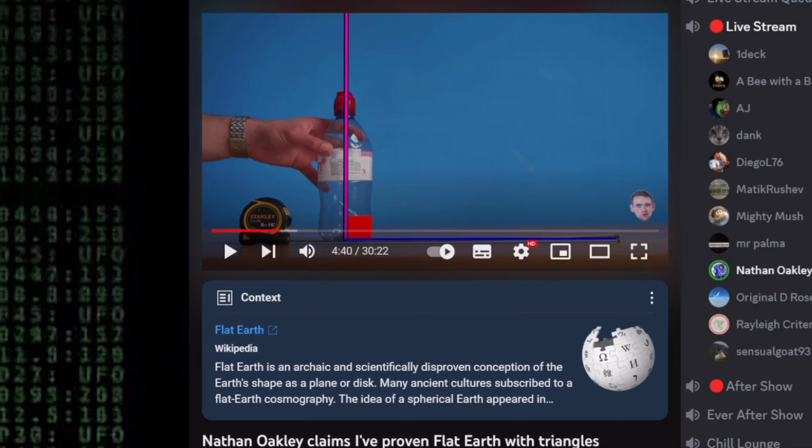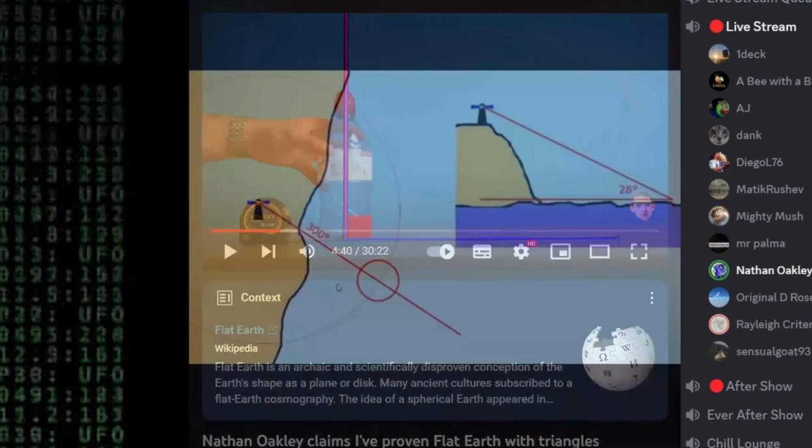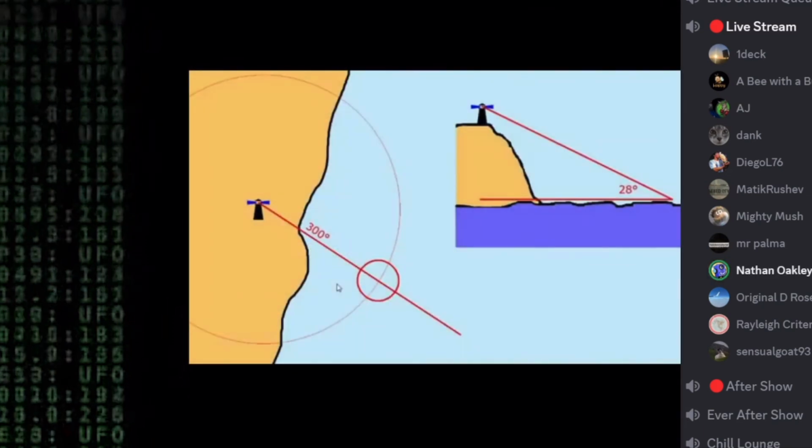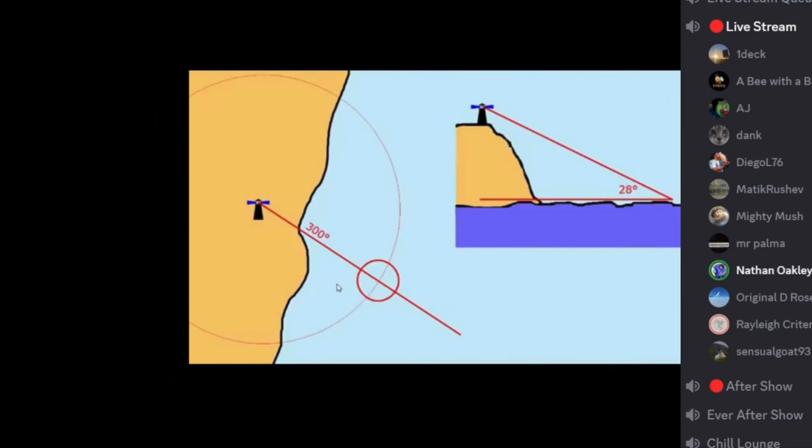In this case, the angular size of a lighthouse also requires a flat earth and is far simpler to describe, like Dave Triangles McKeegan is doing and proving a flat earth for my audience right now. It's really simple. You just compare measuring the height of a bottle along a flat table with an angle that requires the table as a prerequisite is flat, and comparable to the ground distance that's flat. Well done, Dave. Welcome to the club.